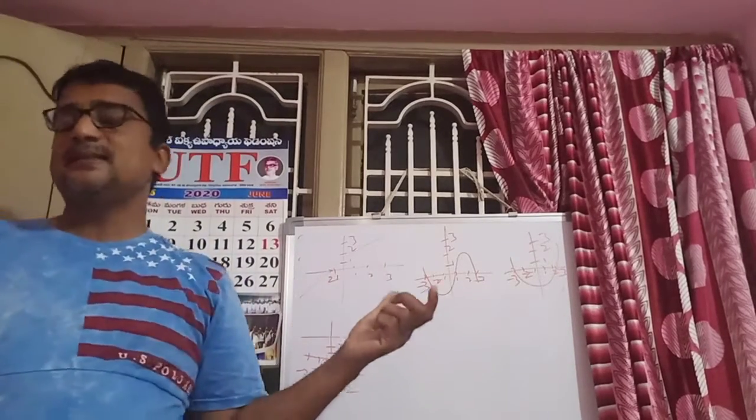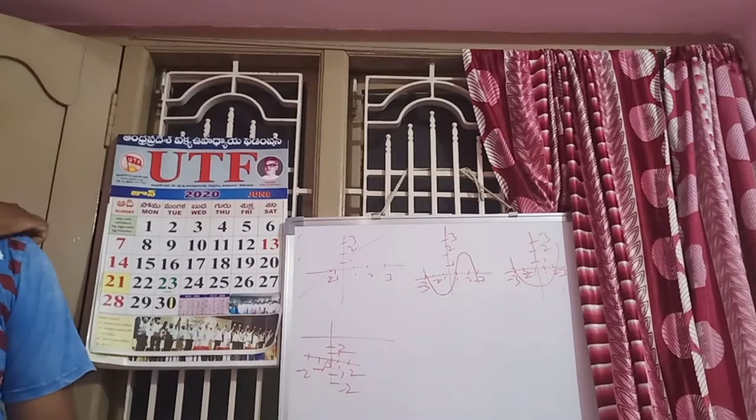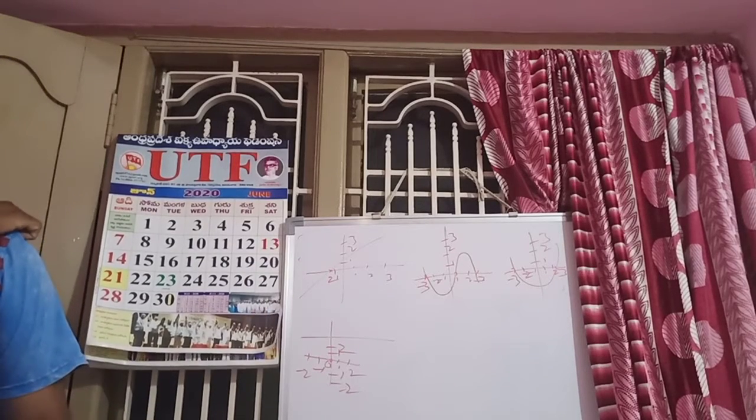They are saying find the zeros of the polynomial according to the graph.